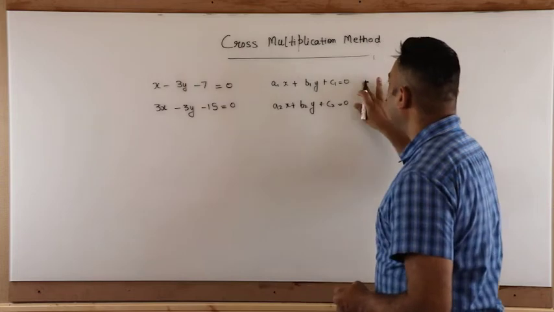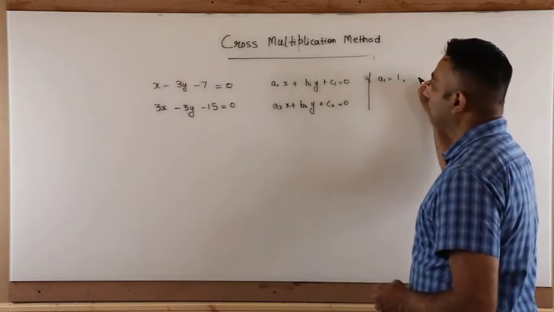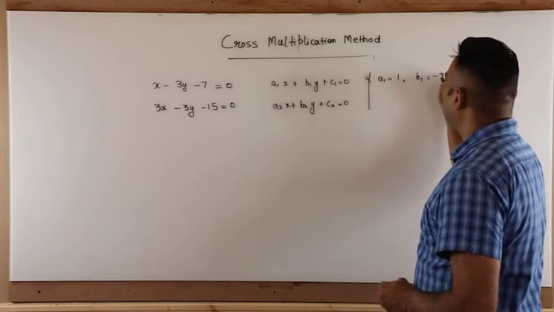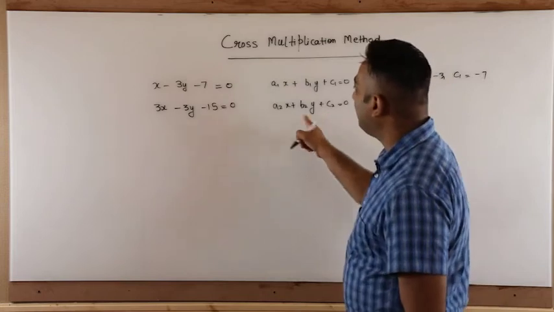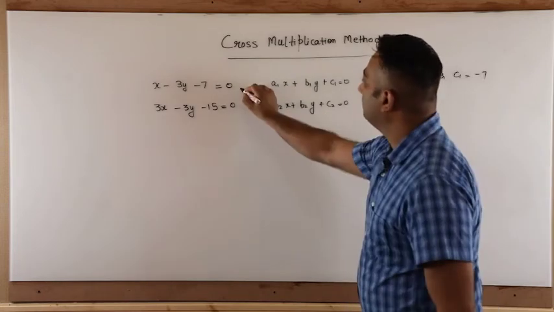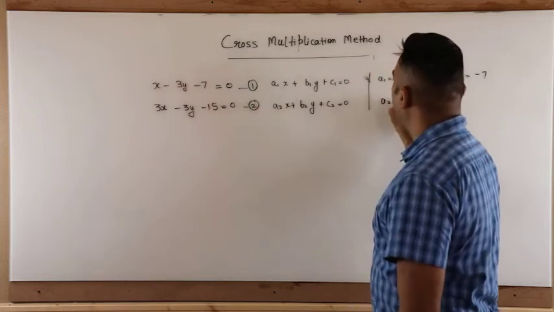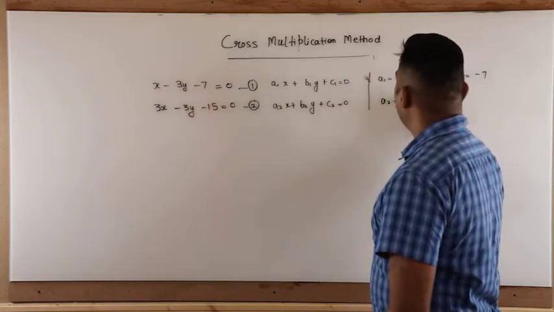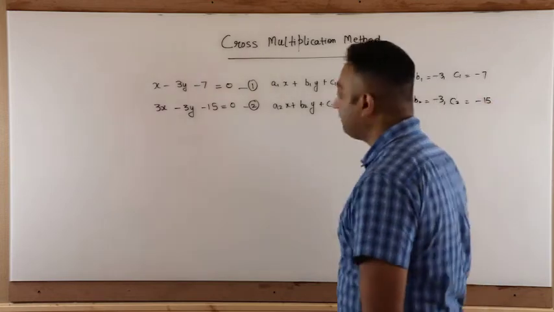And we can easily say that the coefficients are a1 equals 1, b1 equals minus 3 and c1 equals minus 7. And comparing the second equation with the standard form, we get a2 equals 3, b2 equals minus 3 and c2 equals minus 15.